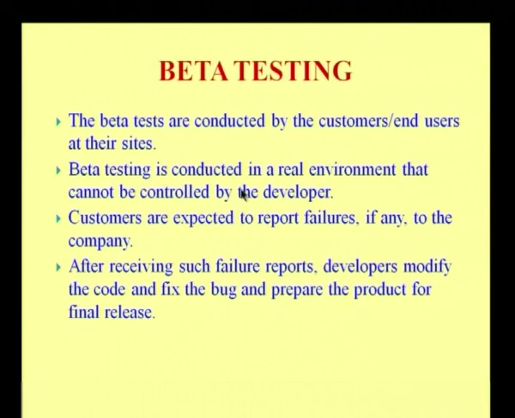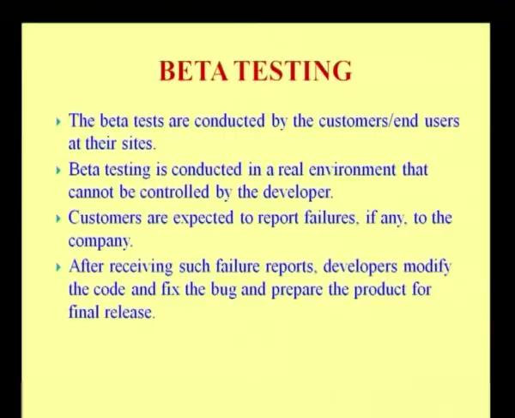Beta testing is conducted in a real environment that cannot be controlled by a developer, where the developer will not give any suggestion on how it will work. Instead, the customer on his own will consider a real world environment and test it.